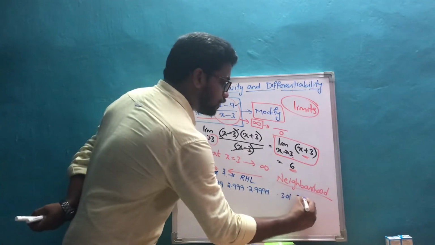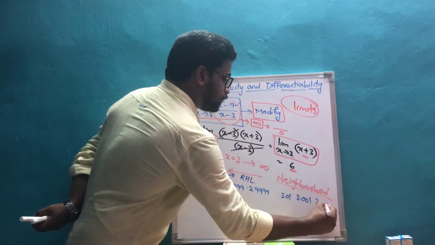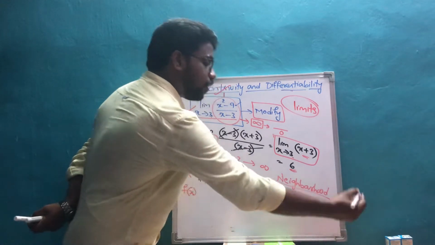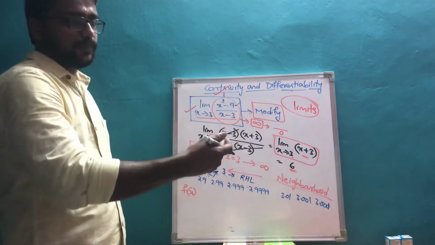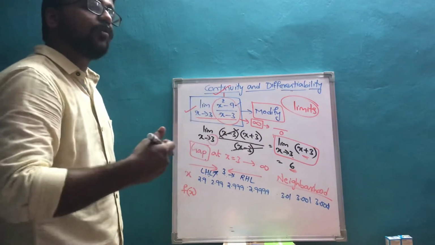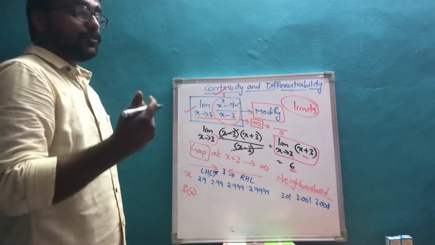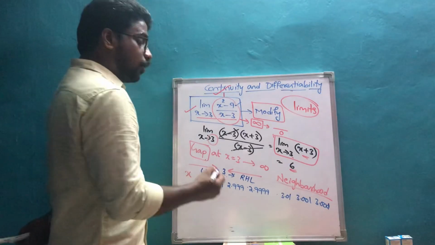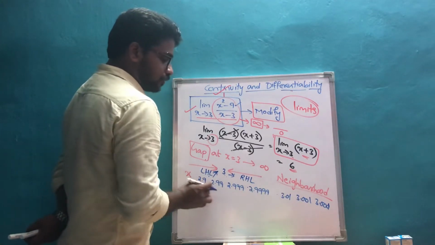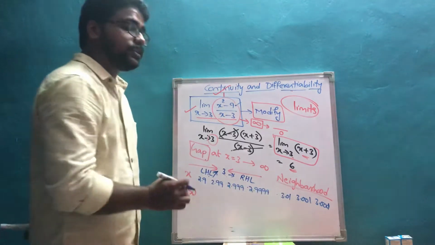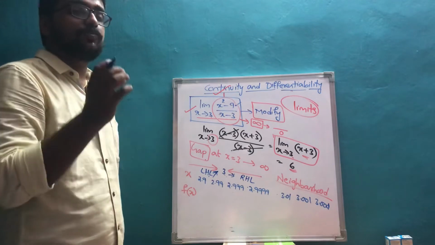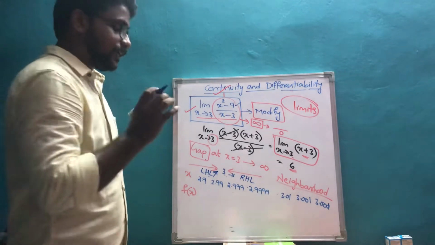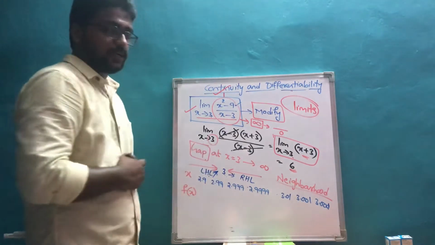Similarly, 3.001, 3.0001 and so on. If you increase the zeros after the decimal point, you will get closer to 3 on the right side. The reason we come across this type of case is that there exist infinite rational and irrational numbers between any two integers. That is the reason you are getting this many numbers.